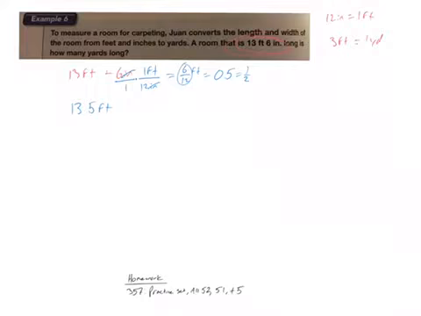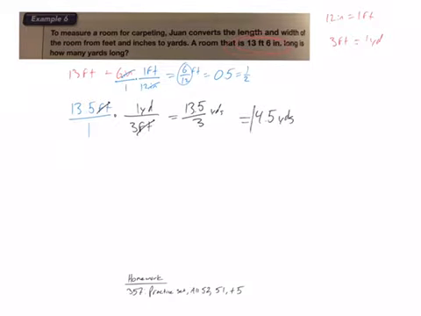Now to convert this into yards, I'm going to multiply this by 1 yard over 3 feet. Those feet reduce, and I end up with 13.5 over 3 yards. 13.5 divided by 3 gives me 4.5 yards. So 4.5 yards is the same as 13 feet 6 inches.